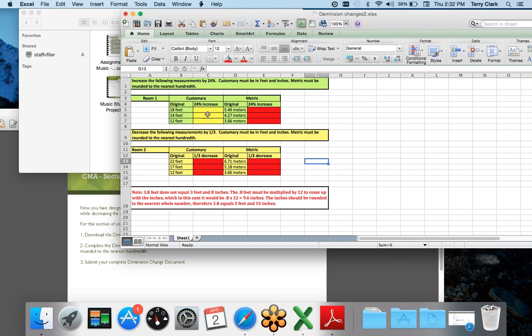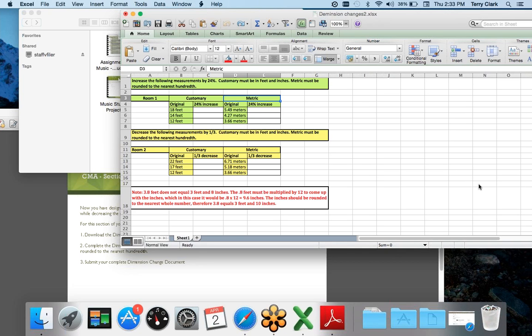The 24% is increased by customary at the top, and the 24% is increased by metric at the top as well. So we can see it's customary and metric.